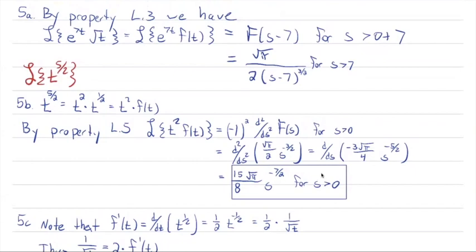then in part C, we can't quite do the same property. So C was asking us to do the Laplace transform of 1 over the square root of t.